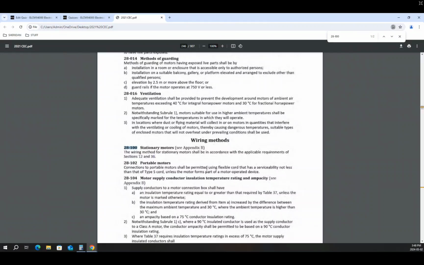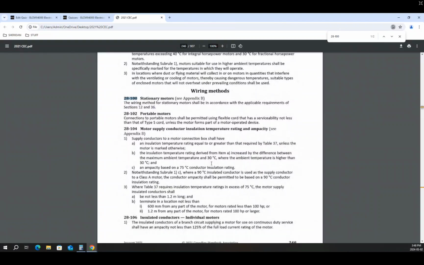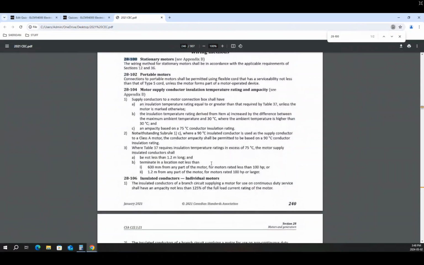Wiring methods. Insulated conductors for branch circuits to be 125%.